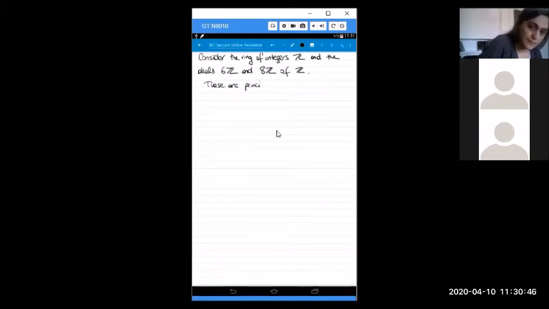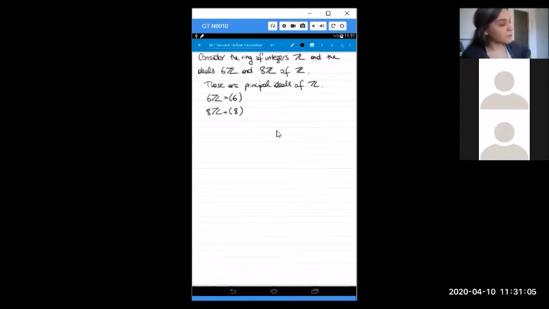principal ideals of Z, and as you can immediately guess, 6Z is generated by 6 and 8Z is generated by 8. Okay. Now consider the addition of these two.